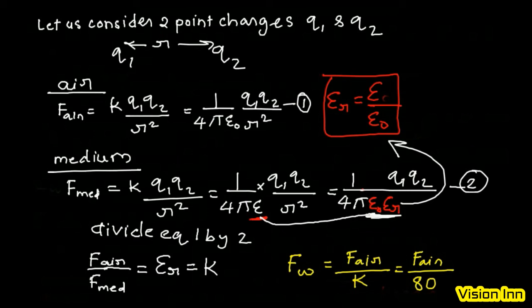So this means that if the two charges interact in water, the force of interaction will be 80 times less than that of air. So it is very difficult for two charges to interact in water, which is basically 80 times more difficult, because there are more particles in water which are densely packed, so the interaction becomes very less compared to that of air.